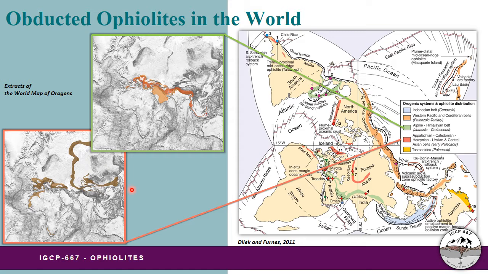Paleozoic ophiolites are also found in the Uralian orogenic belt, caused by the closure of the Paleo-Uralian Ocean between the East European block and the Siberian continent.